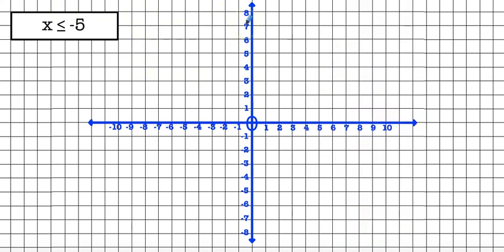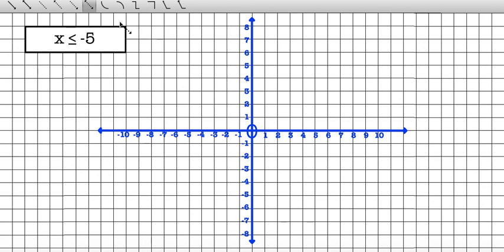And our final example is x is less than or equal to -5. So because x is less than or equal to, we're going to use a solid line.